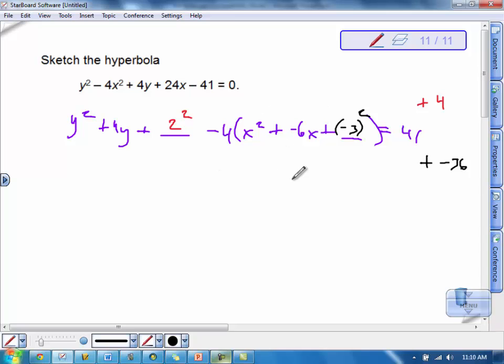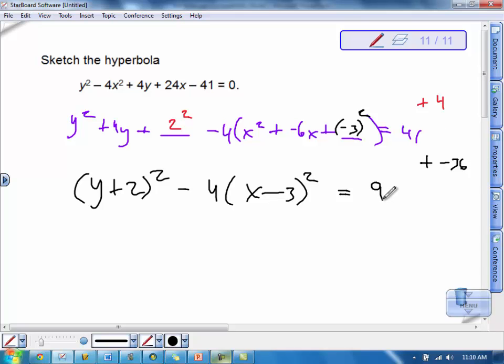I'm really adding negative 36 to the left side. I've got to add it to the right side as well. So this becomes y plus 2 squared, this perfect square trinomial, minus 4 times, this becomes x minus 3 squared. And then 41 minus 36 gives me 5 plus 4 is 9. Okay, now I need a 1 here.